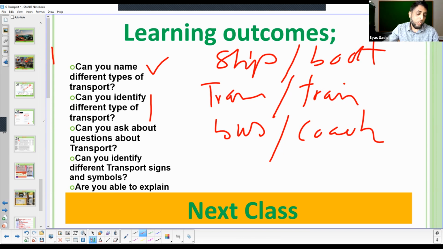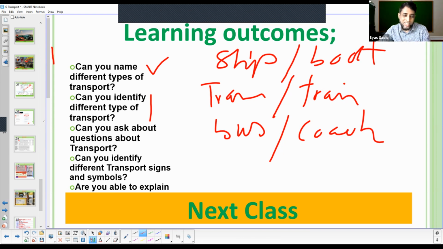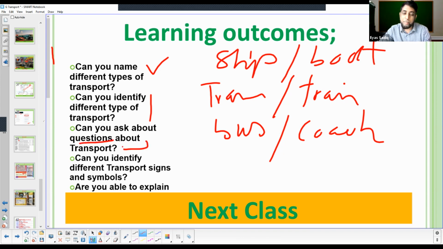You are able to ask questions about transportation. We practiced where the bus goes to, how much time it takes, how much it costs, and which bus goes to the city center.